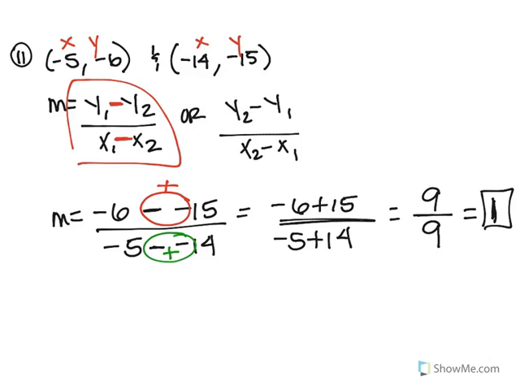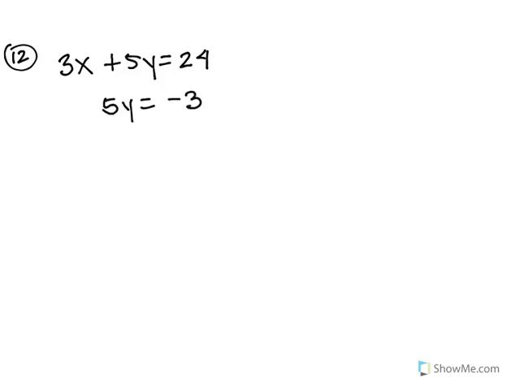Find the slope of a line if it's given to you in standard form. If we have 3x plus 5y equals 24, you can solve it for slope-intercept. You can solve it for y, meaning get y by itself by subtracting the 3x. Bring down the 24.